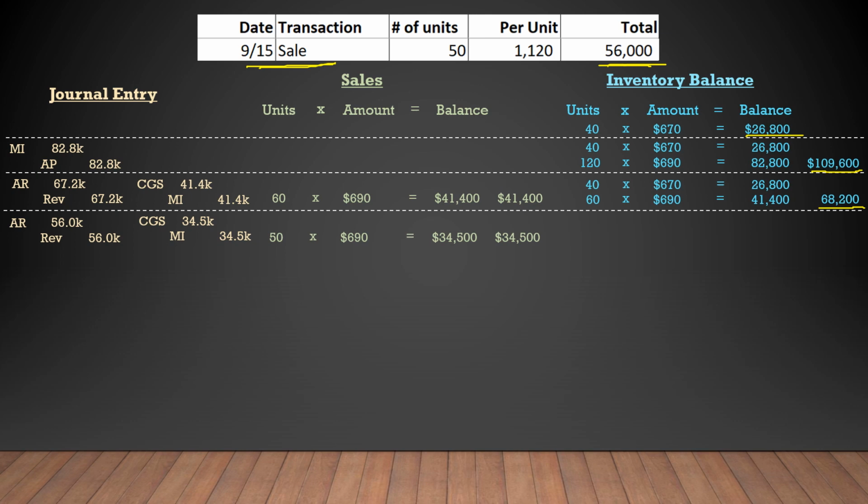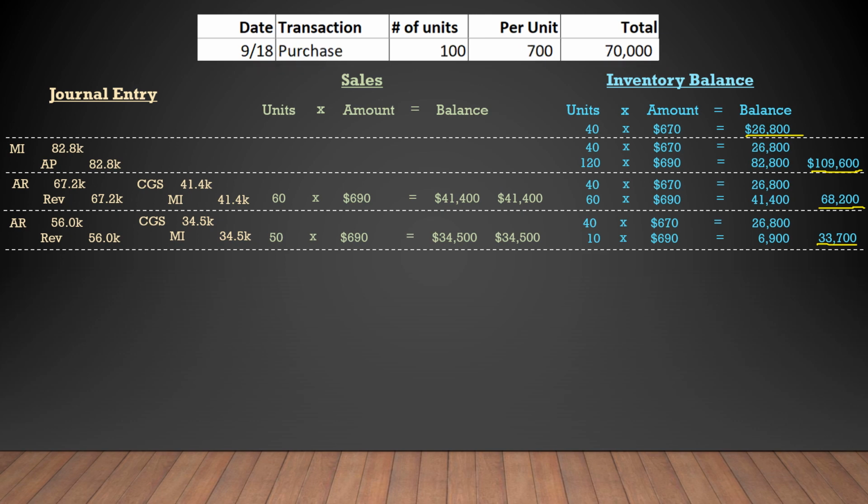Our remaining inventory will consist of 10 units at $690 and the untouched beginning inventory of 40 units at $670, for a total of $33,700. On September 18th, we purchased 100 units at $700 per unit.